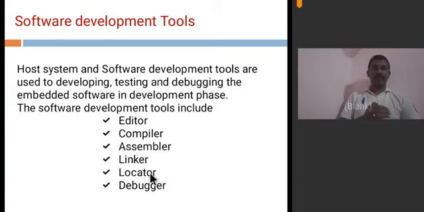After writing code and creating the executable file, those executable files should be loaded into the target system. That loadable memory location is decided by the locator. Next, debugger. Debugger is one which is used for finding the bugs in your program. It debugs your program to find the errors and bugs present in the program.